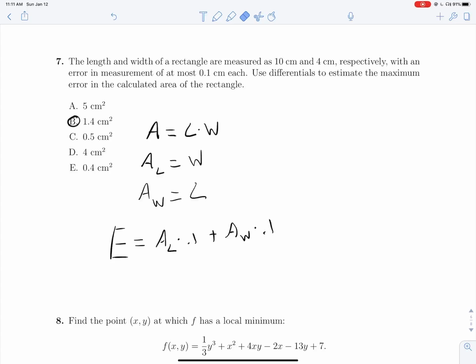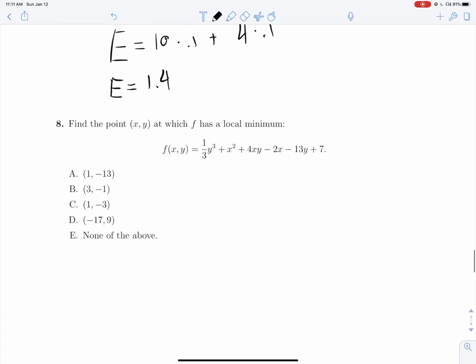And then we know that our A_L is W and our A_W is L, and we can also replace these because we know that our length is 10 and our width is 4. And we see that this will just work out to our total error in area being 1.4, and we just confirmed what we saw earlier.